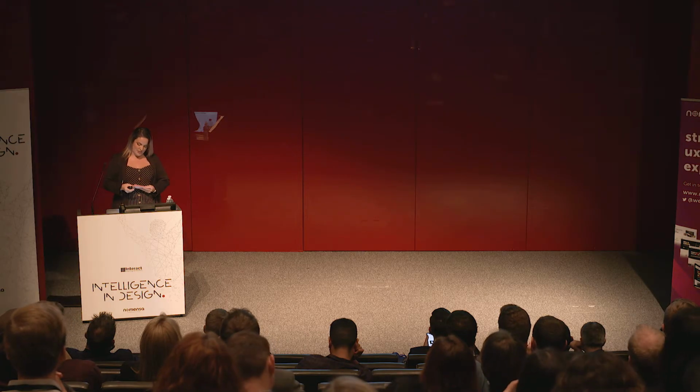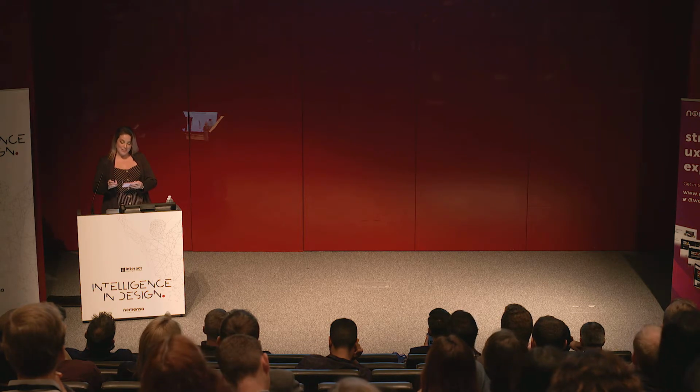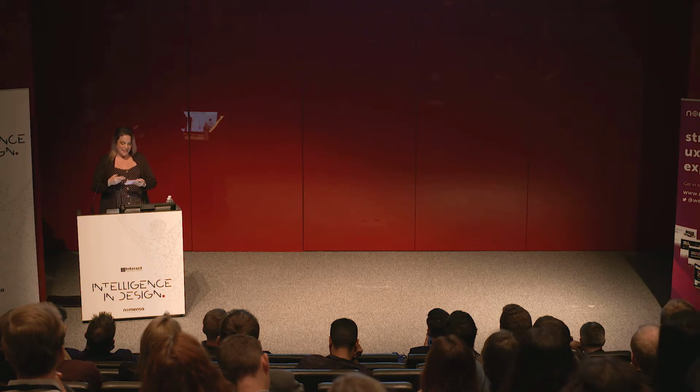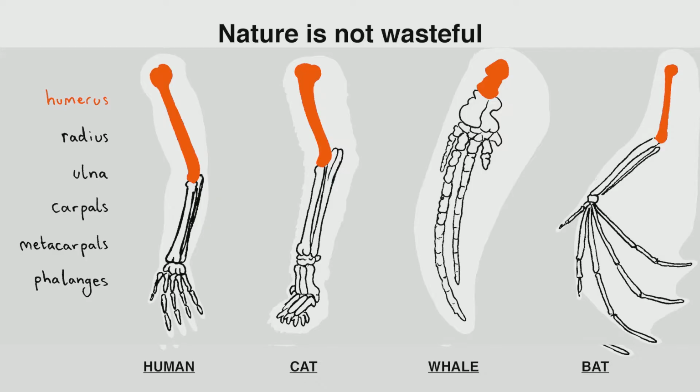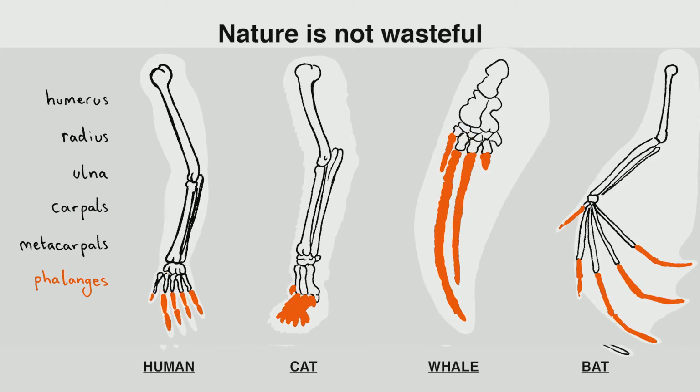Evolution has a lot of tools ready to go, and one method it uses is homologous solutions. In nature, you can see how over time a set of components, bones in this instance, are modified and re-articulated to serve a new purpose. So the same set of bones here form the structure of a bat's wing, a whale's flipper, a cat's paw, and a human's hand.